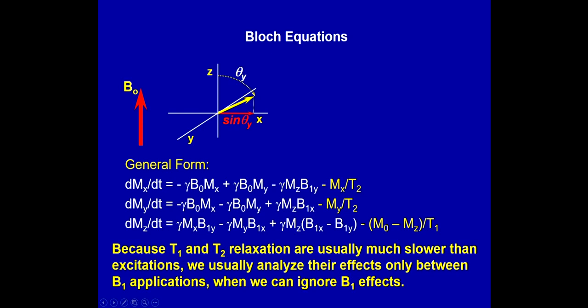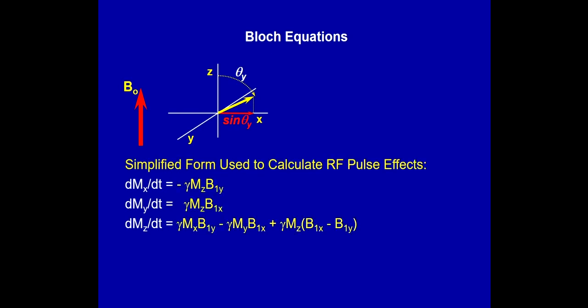So when we are actually using these Bloch equations, we're really only using a few terms at any given time. So here, while we are calculating the B1 effects, if you want to figure out over time as you apply B1 what's happening to the net magnetization, we can eliminate all the other terms and we're left just with this.